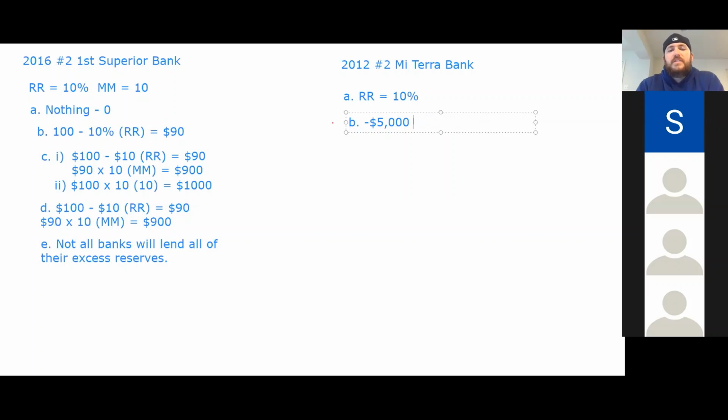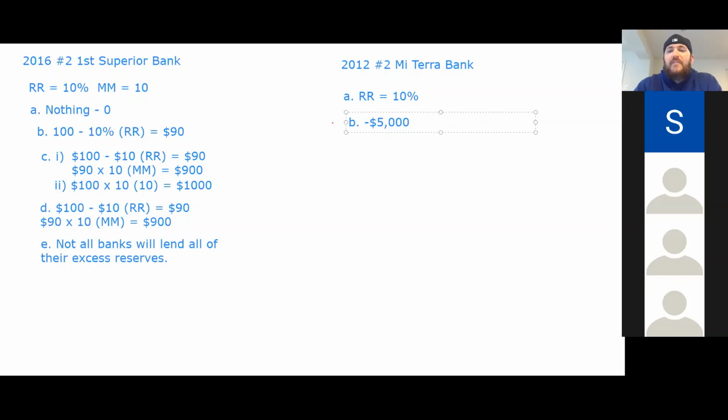I don't want to say that it's negative, because that's kind of confusing. We're just going to say that we have a $5,000 withdrawal in this case. We have $5,000 currently in excess reserves.